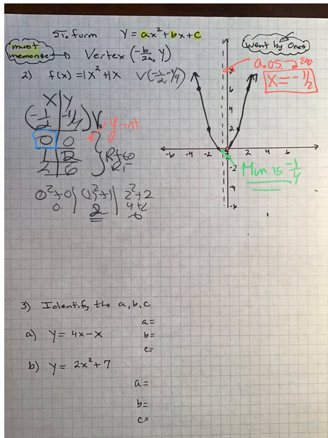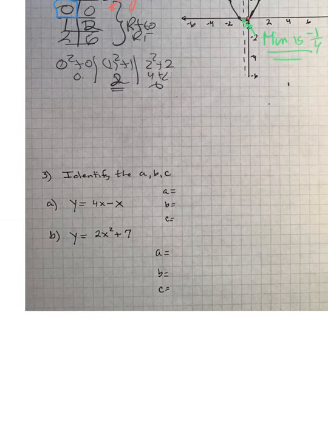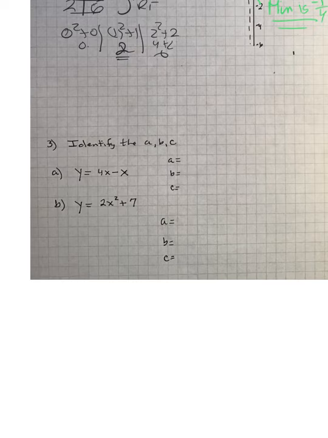Okay. And just one last thing, let's go over identifying a, b, and c. So remember, when you're looking at standard form, you have y equals ax squared plus bx plus c. The ax squared is called your quadratic term. The bx is your linear term.